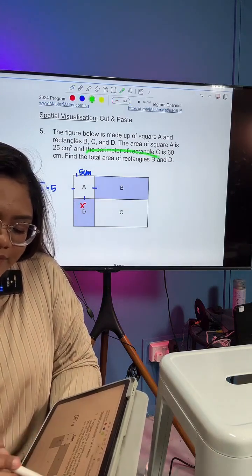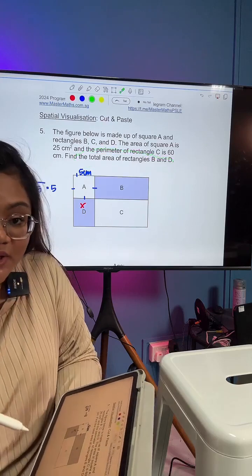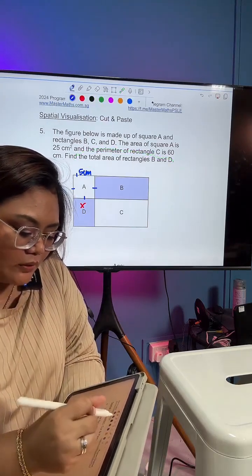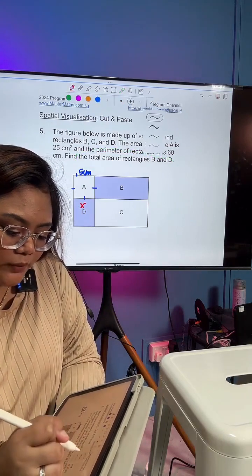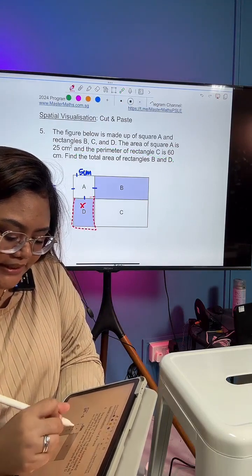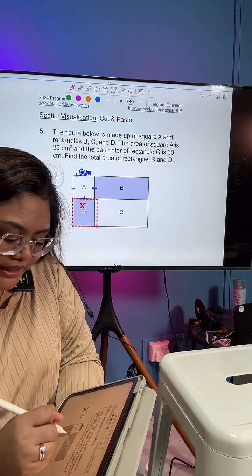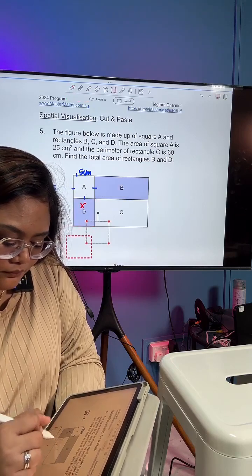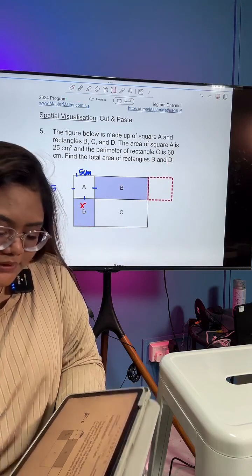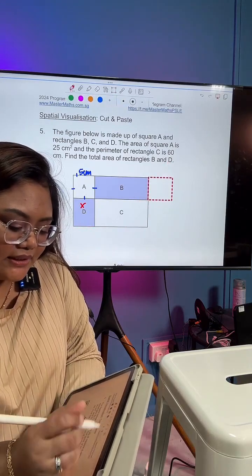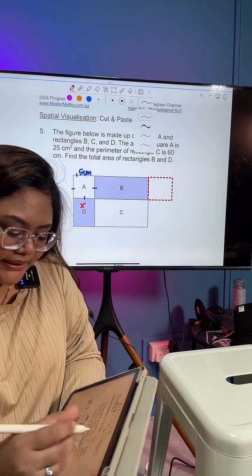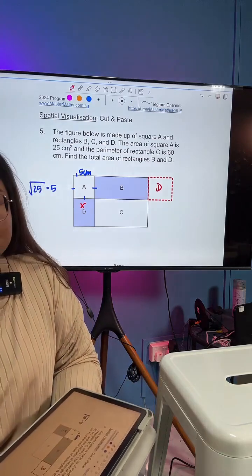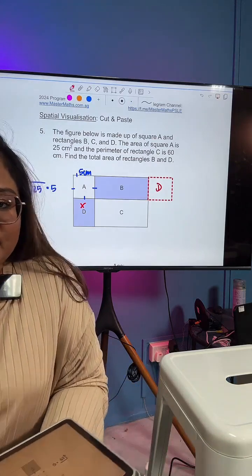Because we want the total area of B and D together, we are going to cut D and paste it right beside B. So that's exactly what I am going to do. This is the portion that I'm going to cut and paste. Got it, everyone?